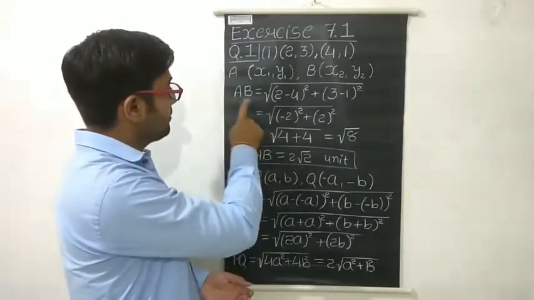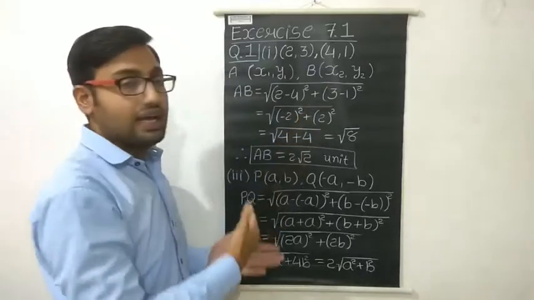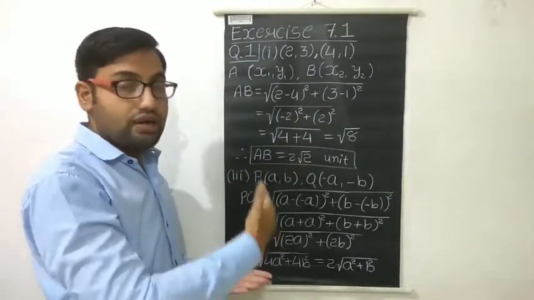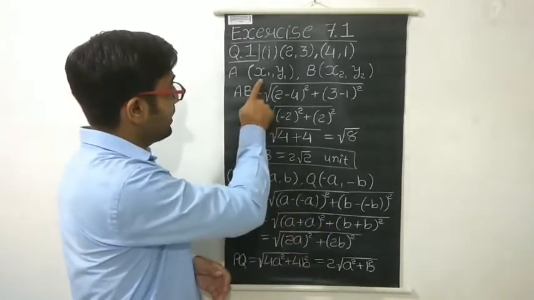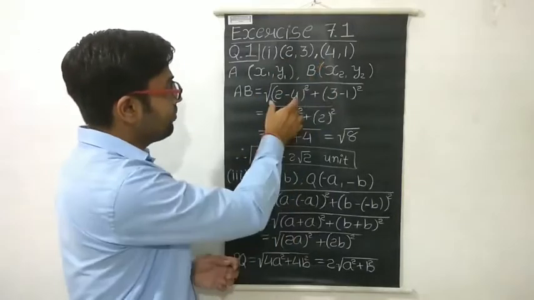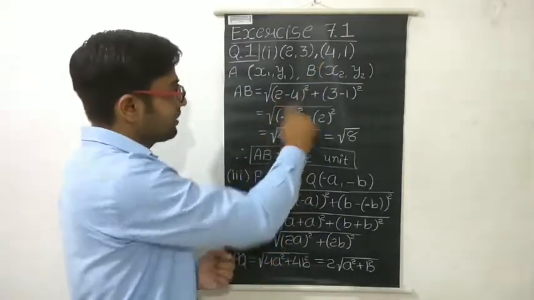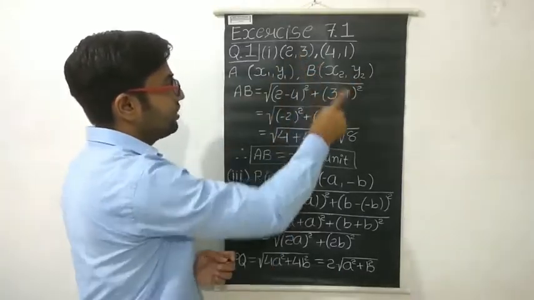So the distance between the point A and B, we can write as under root (x1 minus x2) square plus (y1 minus y2) square. So in this case, x1 means the 2 and x2 means the 4. So (2 minus 4) square plus (y1, that is 3, and y2, that is 1).